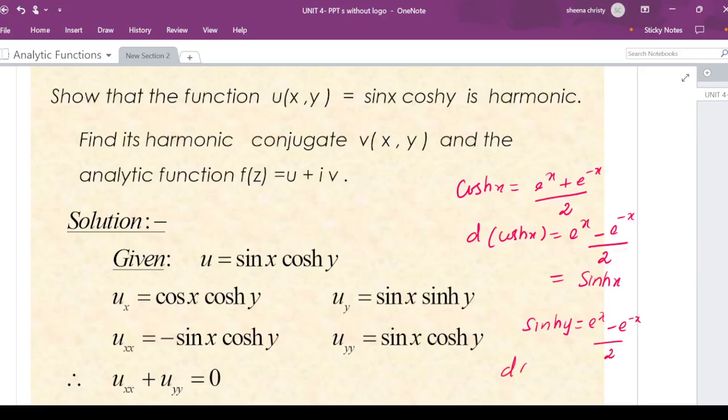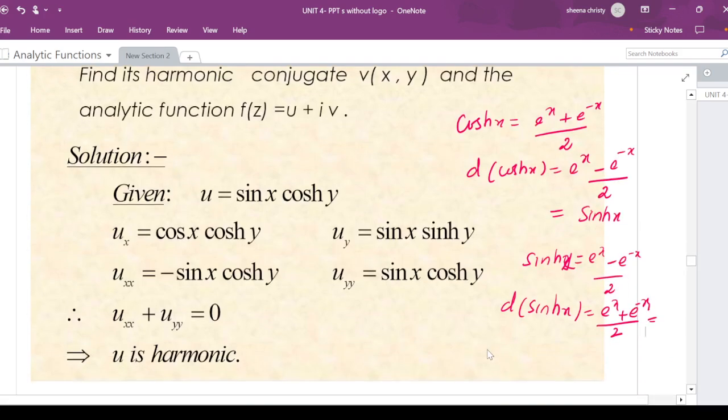So d by dx of sin hyperbolic x is e power x, minus of minus will give you plus e power minus x divided by 2. Therefore, this gives you cos hyperbolic x. Hence, differentiation of sin hyperbolic y gives you cos hyperbolic y. By adding these two, we are getting the answer as 0.